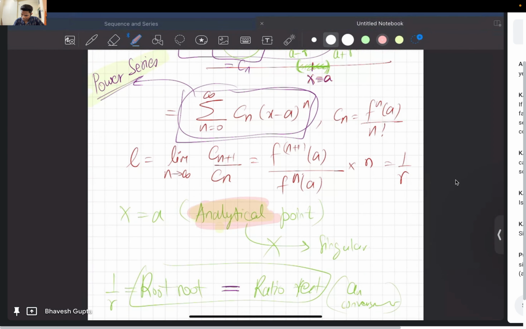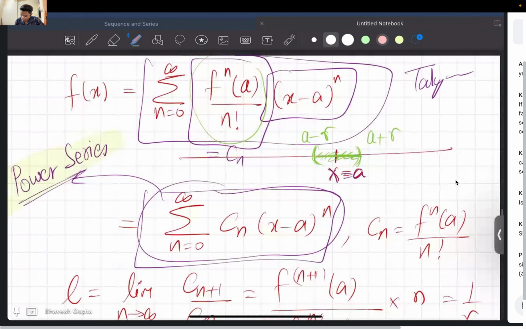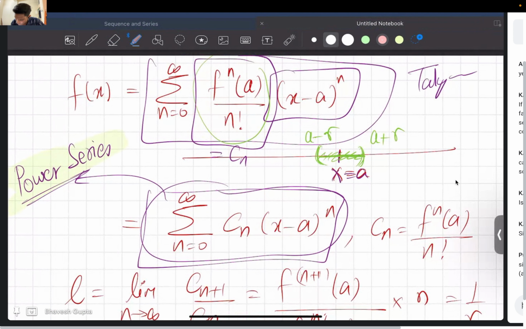Over here I have brought the behavior of a function at x equal to a, and here you can see x is in the neighborhood around that a, right? So how far this x can go with respect to a. Because of this convergence boundary, x cannot go beyond this boundary. The moment your x is beyond this window, we see that this series is not convergent.